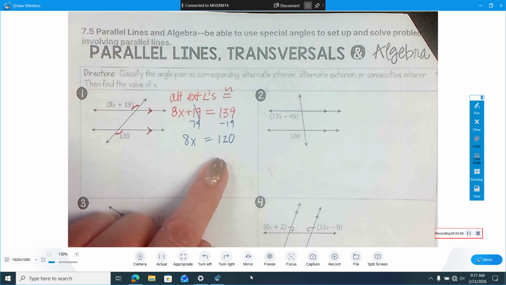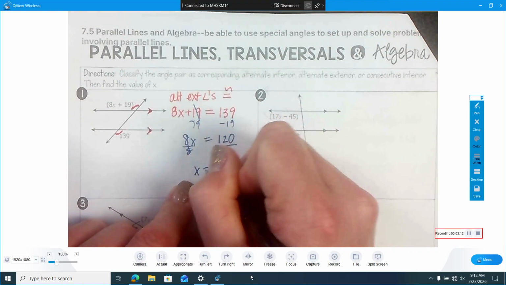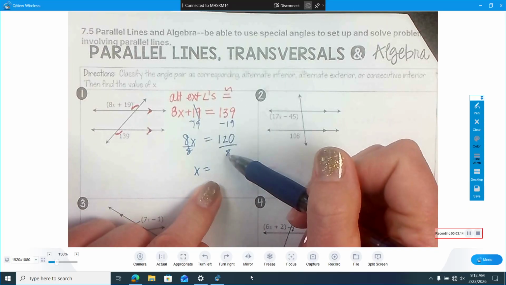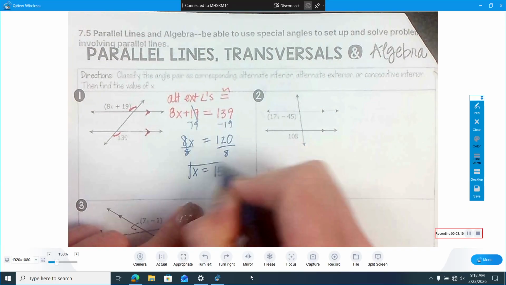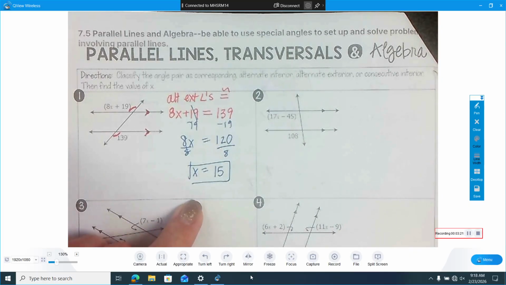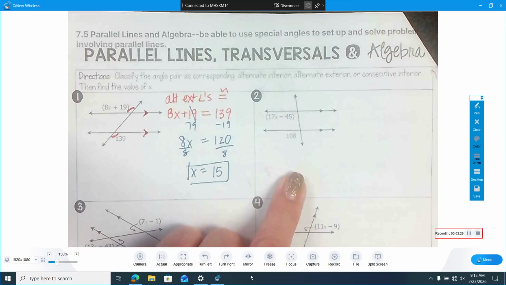And then divide by 8. So we get x equals 15. So find the value of x. Today we are writing equations and solving. And that's what we're doing, okay?